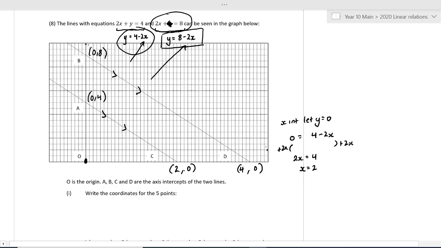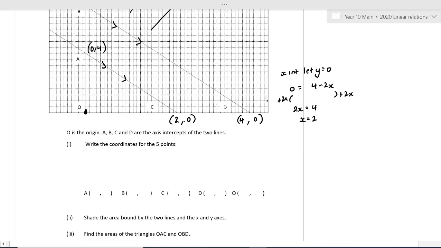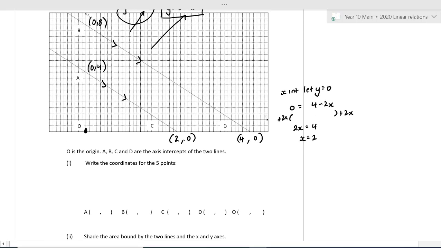So there you go, the coordinates for the 5 points. Clearly A is (0, 4). B is (0, 8). C is (2, 0). D is (4, 0). And of course, the origin is (0, 0).